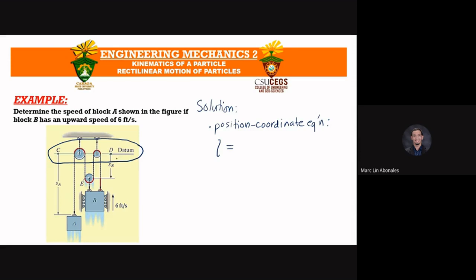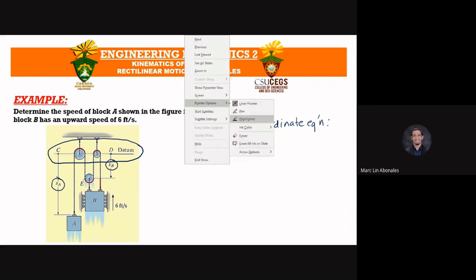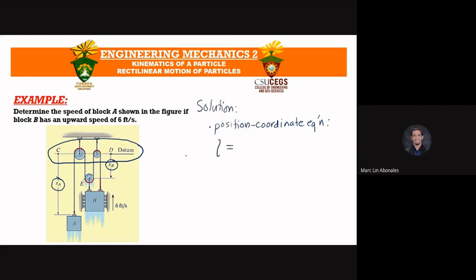So the basis for SB, which is this one, and also SA. Since this pulley system is represented with one chord length, we only have one position coordinate equation. So let us establish the position coordinate equation.